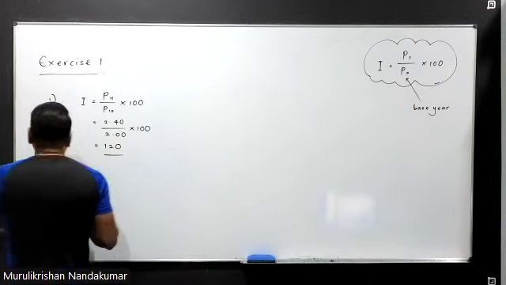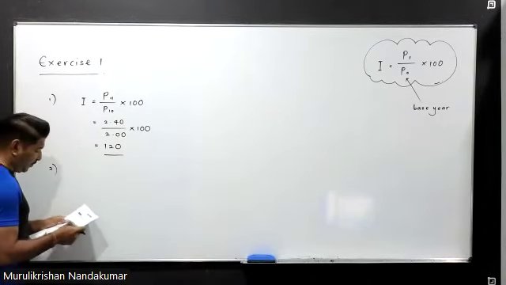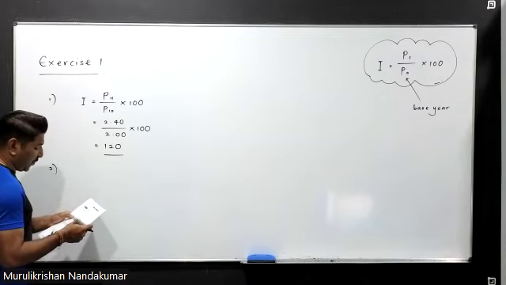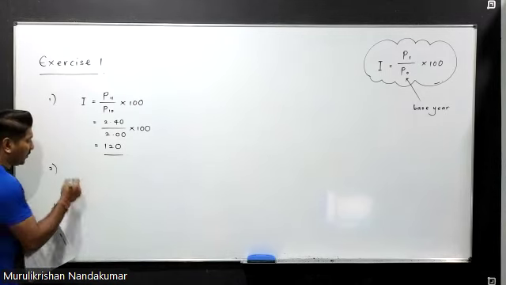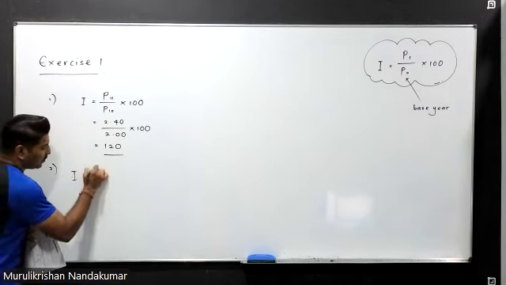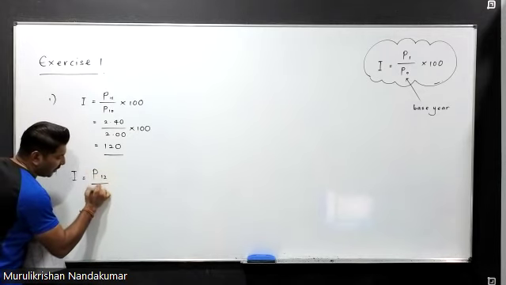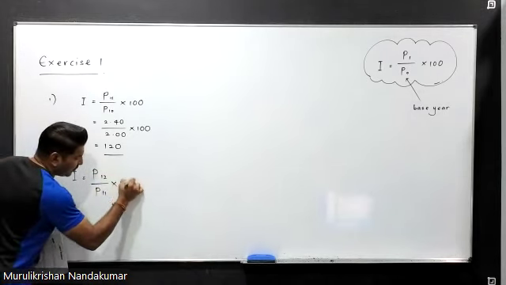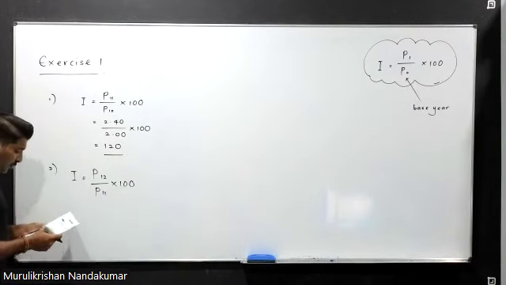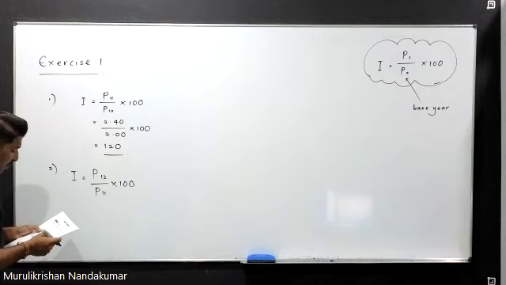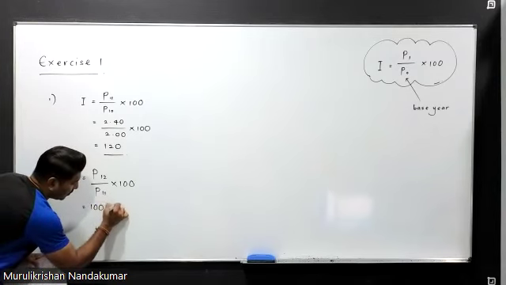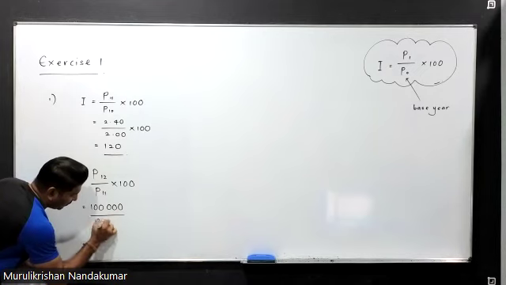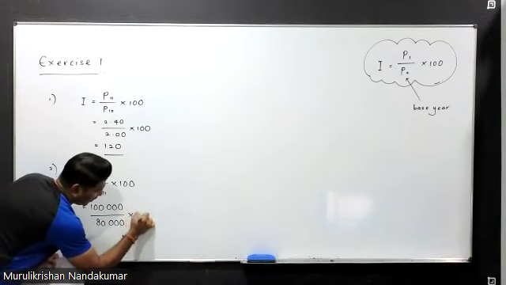Okay, number 2, come. No need to wait, guys. Straight away start to do it. The price of the house that Aziz bought for the year 2011 and 2012. So 11 and 12, we have 2 years there. So put I, 12 on top, 11 at the bottom, times 100. So 2012, berapa harga dia? 2012 is 100,000. 2011, 80,000, times 100.